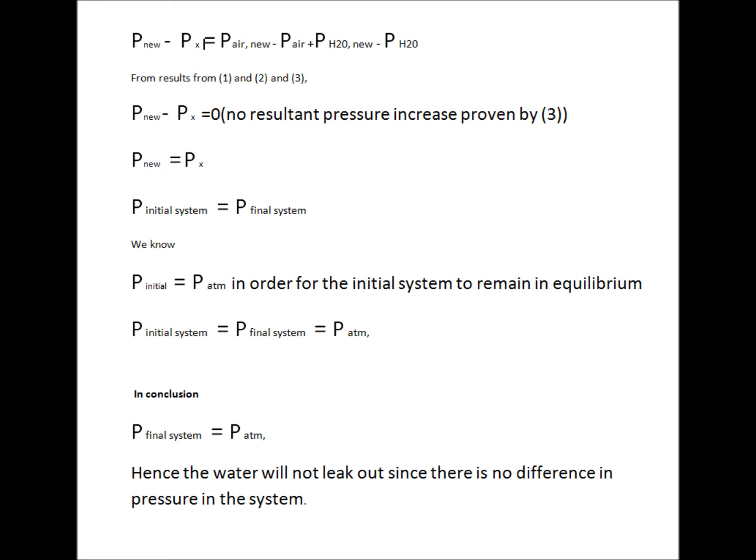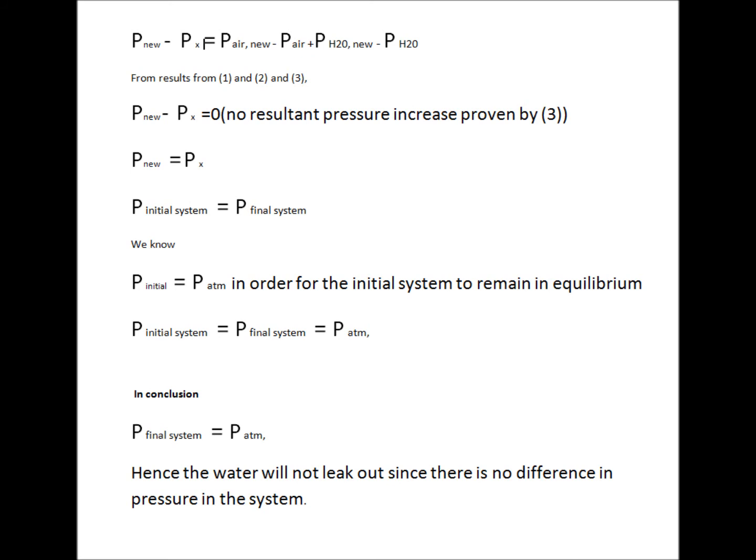Now we know that since there's no change in the pressure of the final system and the initial system, the pressure of the final system minus the pressure of the initial system will be equal to zero. Hence, the pressure of the final system is equal to the pressure of the initial system. In order for the system to remain in equilibrium, the pressure of the initial system must be equal to the pressure of the atmosphere.